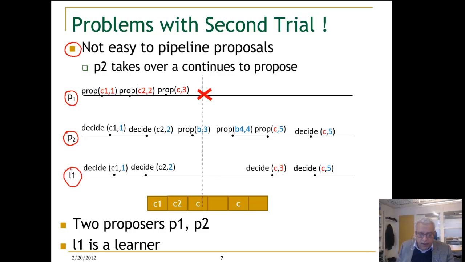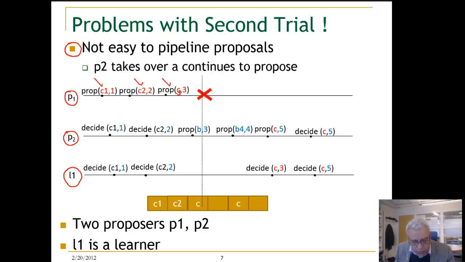And we naively do what we just said. We pipeline the proposed commands. So P1 pipelines command C1 for slot 1, C2 for slot 2, C for slot 3, and later on it somehow crashes or gets disconnected.